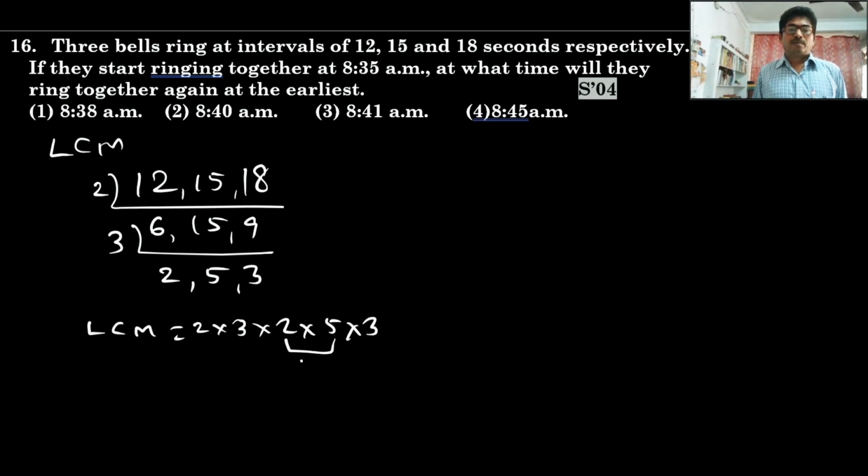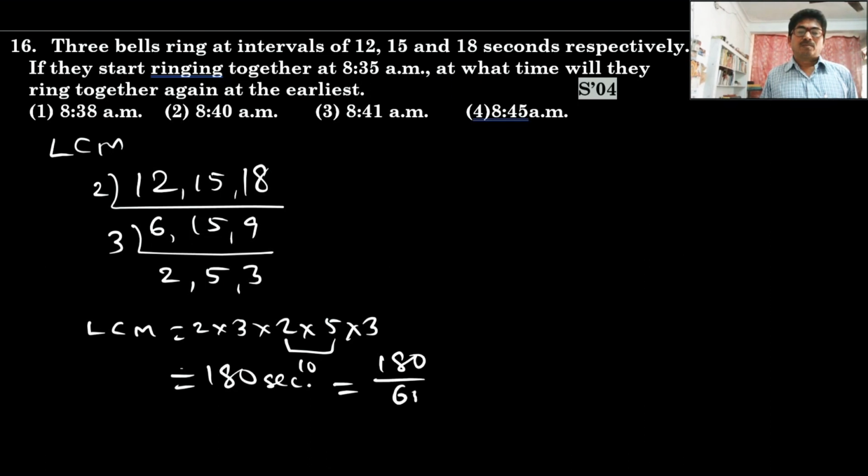So 2 into 3 is 6, 6 into 2 is 12... 180. So 180 seconds. How many minutes is 180 seconds? To find minutes, we have to divide by 60. It will convert into minutes. 0 and 0 get cancelled. 6 1s are 6, 6 3s are 18. So 3 minutes.